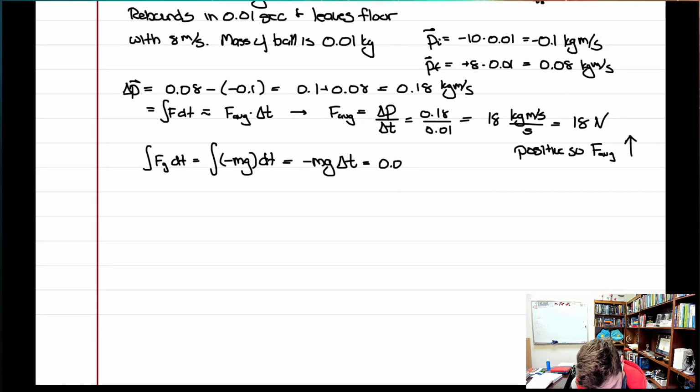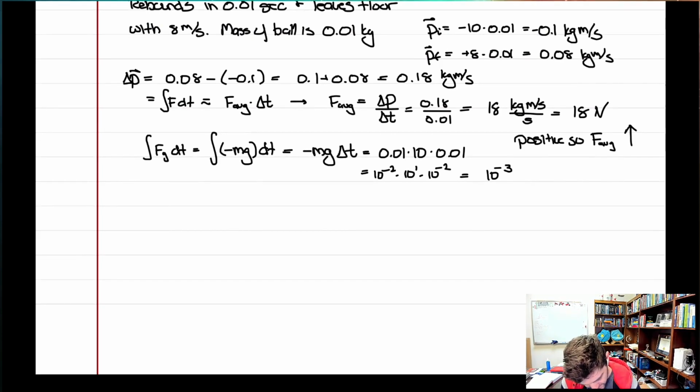So 0.01 times g, which is 10 in MKS units, and then delta t also was 0.01. So it looks like it's 10 to the minus 2 times 10 to the 1 times 10 to the minus 2. So it looks like that's 10 to the minus 3 kilograms meters per second.